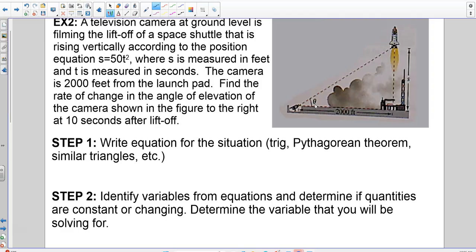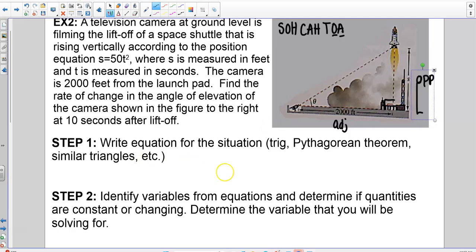This is going to be sine, cosine, tangent. Which one are we going to use here? This side right here would be our opposite side. This side right here is our adjacent side. Which trig function is opposite over adjacent? Opposite over adjacent is tangent, right?